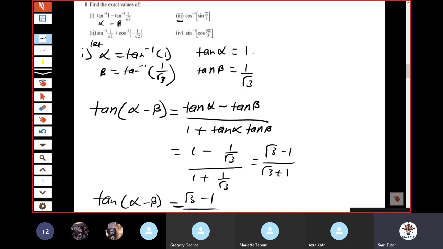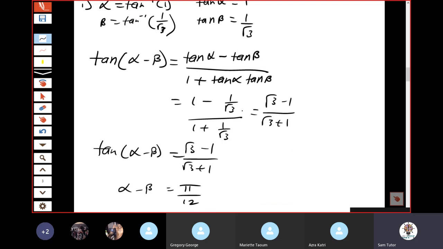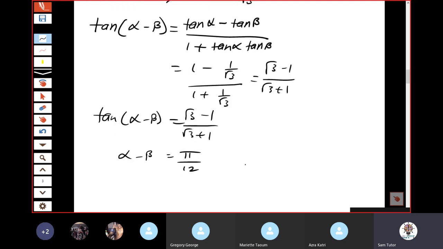And then what's tan A? 1. What's tan B? 1 on root 3. Then you get root 3 minus 1 on root 3 plus 1, cancel your root 3's out, and then inverse it, and you're left with A minus B, which equals pi on 12, or 15 degrees.